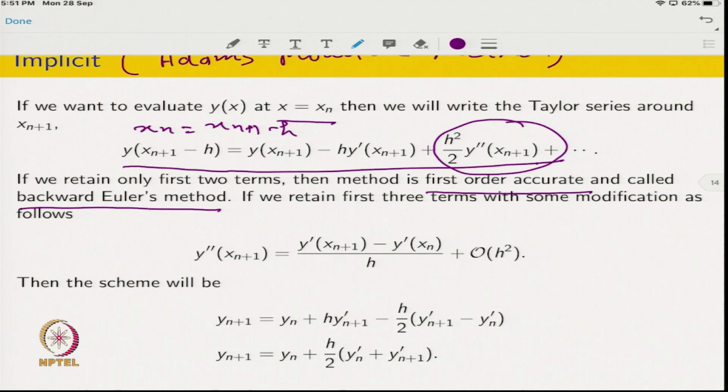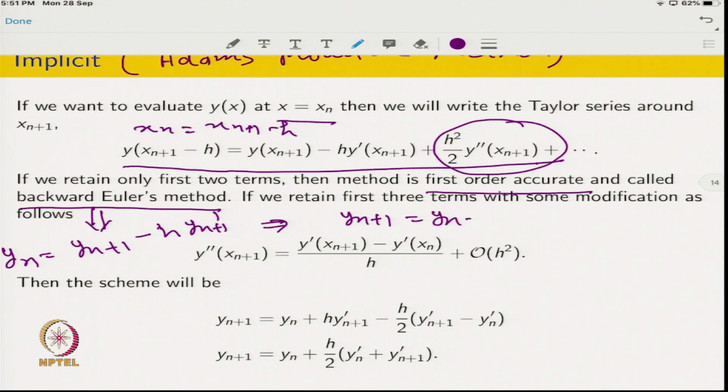So, here the difference equation in the case of backward Euler will become y_{n+1} minus h y'_{n+1} equals y_n. So, basically it means y_{n+1} is equal to y_n plus h f(x_{n+1}, y_{n+1}).